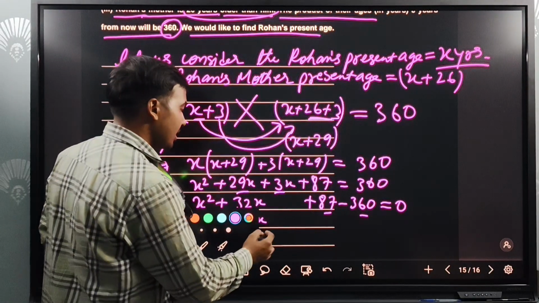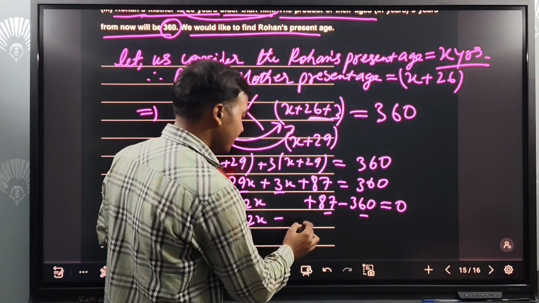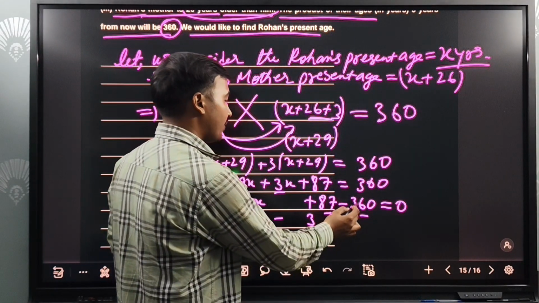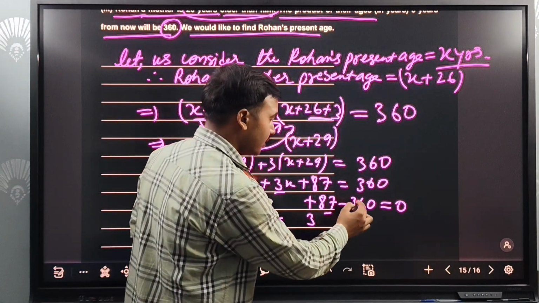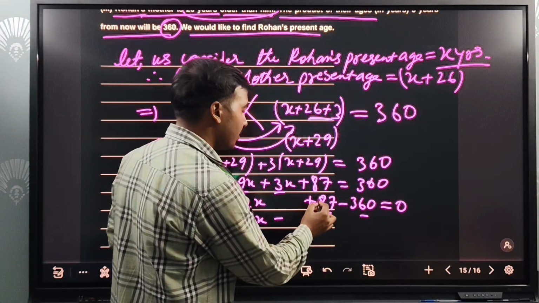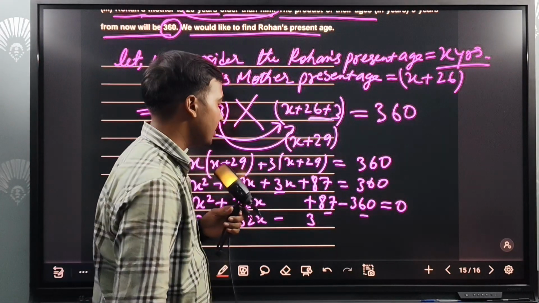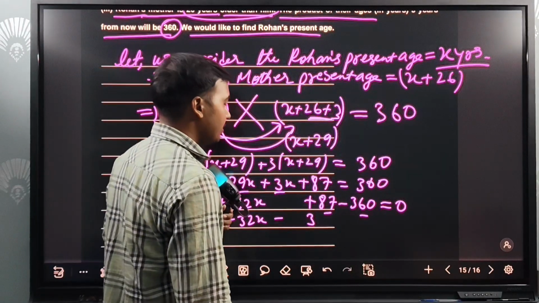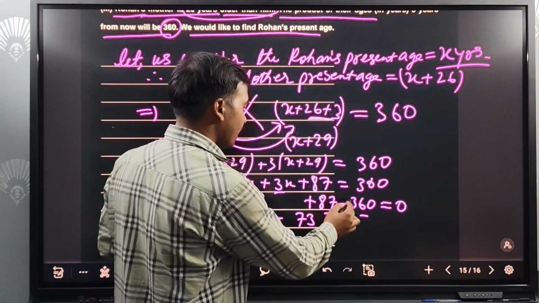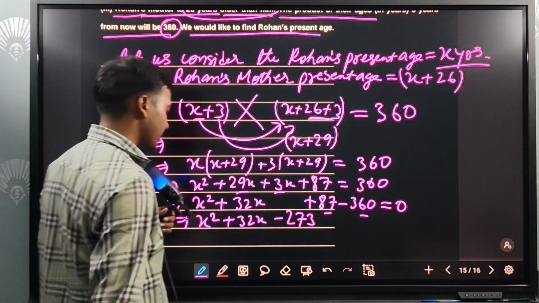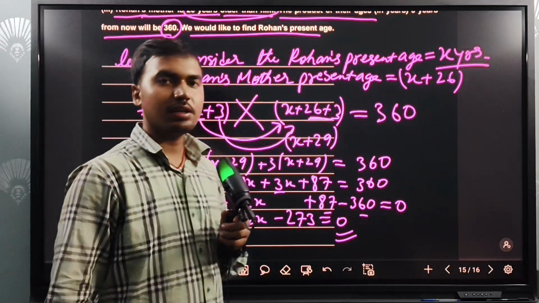The sign of the bigger number is negative, so we will put a negative sign over here and subtract. 10 minus 7 you will get 3, and 5 cannot be subtracted from 8, so you will take a carry, which means 15 minus 8 you will get 7. And 273 you will get when you subtract, equal to 0. This is your required quadratic equation.